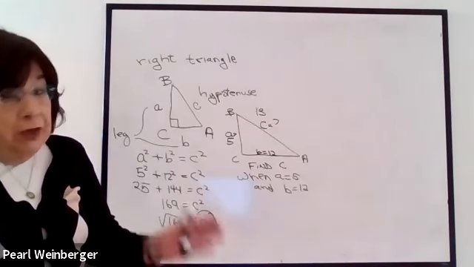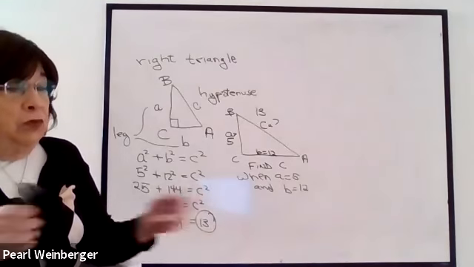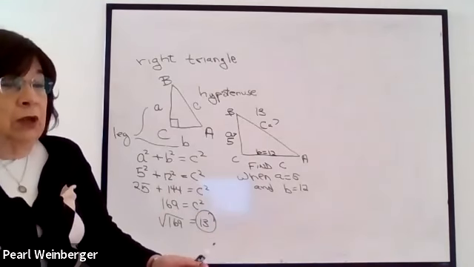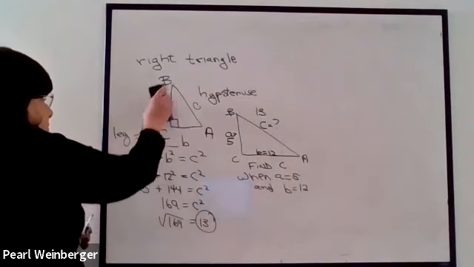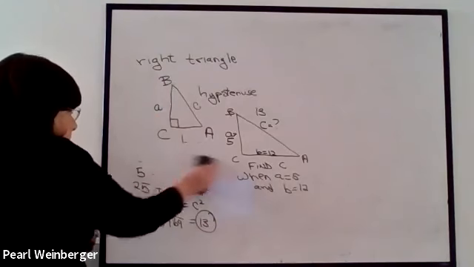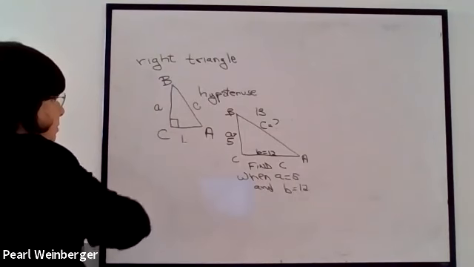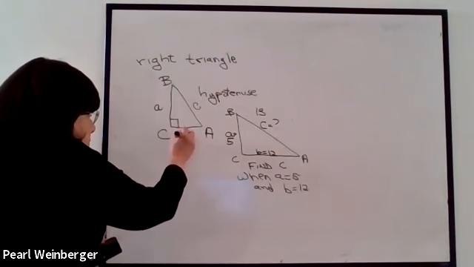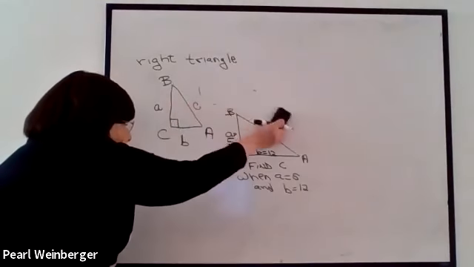The only thing we know about the angles is that one of them is 90 degrees, but we don't know what the other two are. So that's where trigonometry comes in. Let's erase some of this and just stick with our simple right triangle here.